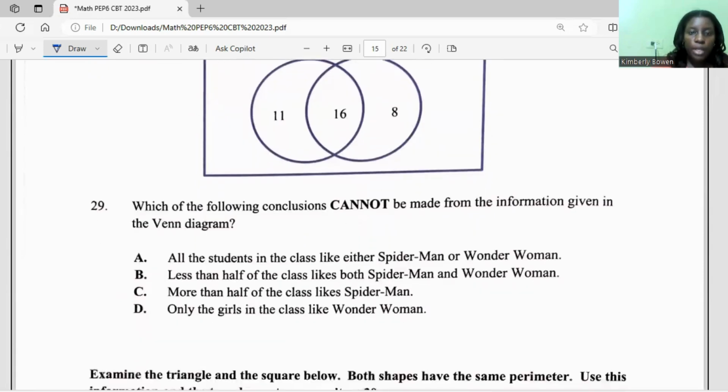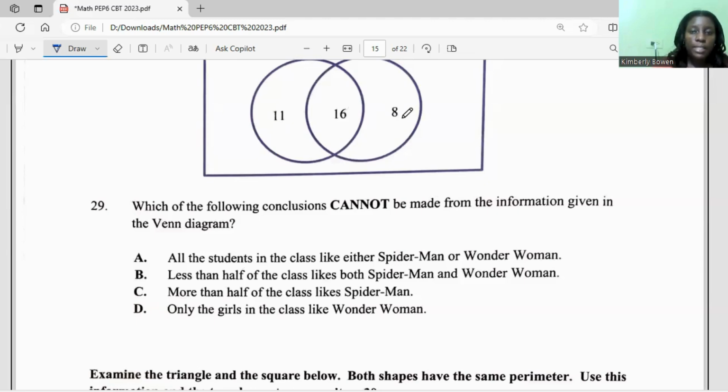Which of the following conclusions cannot be made from the information given in the Venn diagram? All the students in the class liked either Spider-Man or Wonder Woman. That is a conclusion that can be made because nothing is outside. Less than half of the class like both Spider-Man and Wonder Woman. Let's see how many students are in the class. 16 plus 11, that's 27.